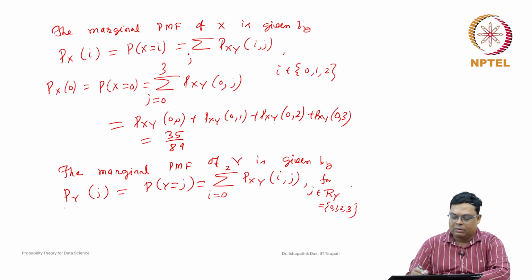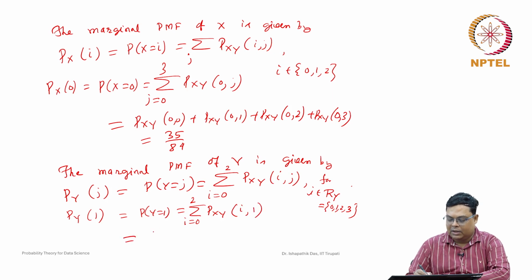Now, suppose you want to find P of y of 1. This is nothing but the probability that y is equal to 1, which is the summation over i equal to 0 to 2 of Pxy of i comma j, where j is 1 and fixed here. So it is Pxy of 0 1 plus Pxy of 1 1 plus Pxy of 2 1.